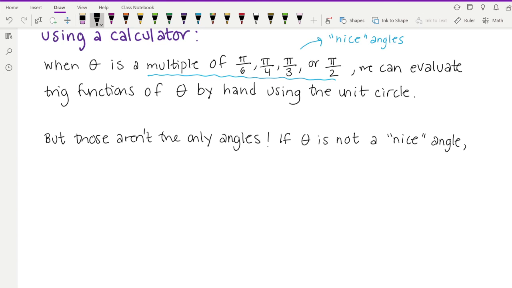So we could just use process of elimination. But if we're just given a random angle and it's not a nice angle, then you can't really use the unit circle to figure out exactly what sine and cosine, etc. are. You might be able to estimate, but you're not going to be able to get the exact value. So what we need to do is use a calculator. And we'll do an example of this in a moment.